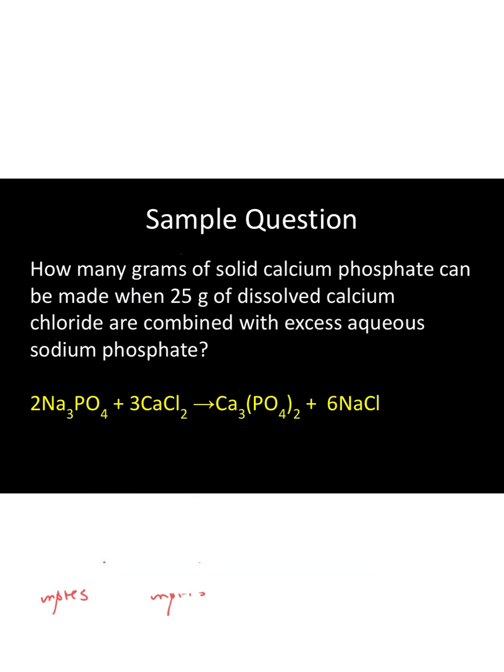My third step is starting with 0.075 moles of now calcium phosphate, because I've converted to calcium phosphate in the last step. And now I'm converting to grams of calcium phosphate, so I want the grams on the top, 1 mole of calcium phosphate on the bottom.